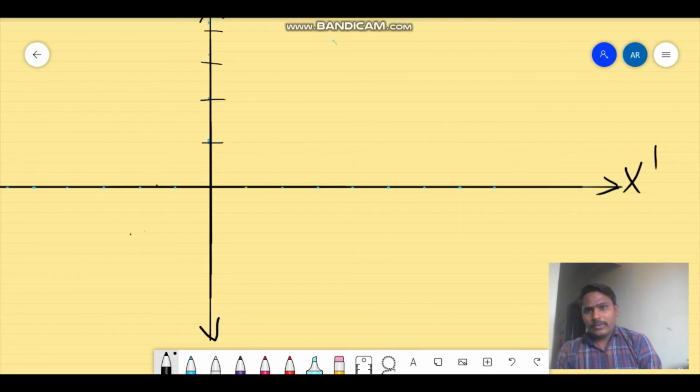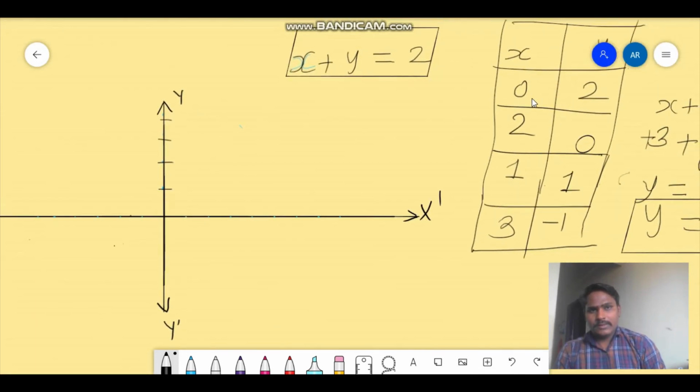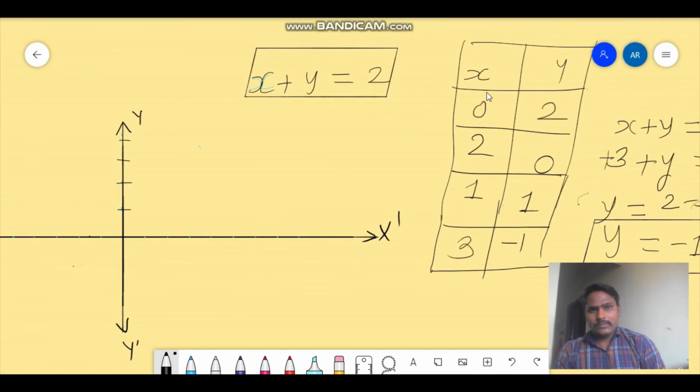Now the first point was x is equal to 0. Here if you observe, x is 0 and y is 2. So on the y axis, everywhere x is 0. On the y axis, x is 0 and y is 2, which means this point is nothing but this first point.